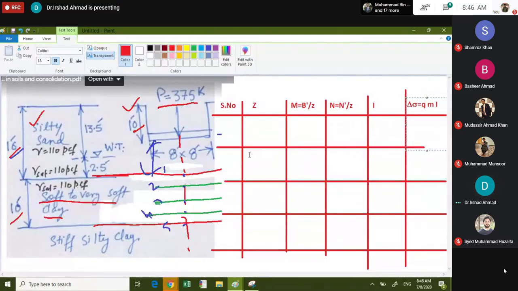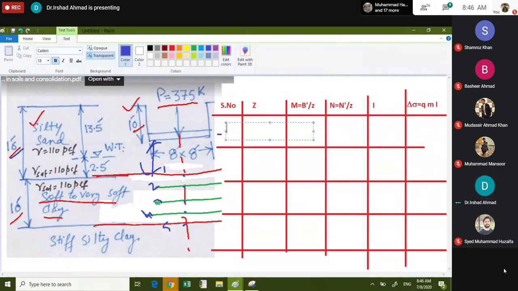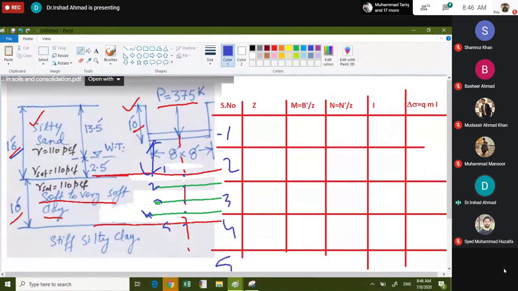Okay. So this is point 0, 1, 2, 3, 4. We had 5 points and we have different depths.